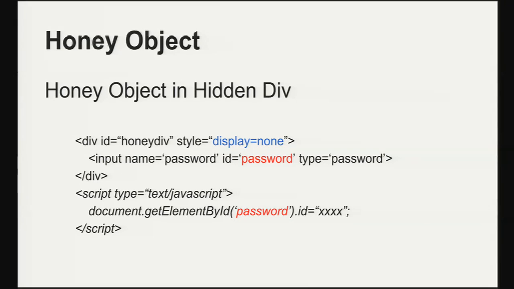Like in this example, the password input box is what the bot is looking for to inject things behind. Then we will put it into a hidden field here so that this one does exist in the DOM, but it's just not visible to the real user.